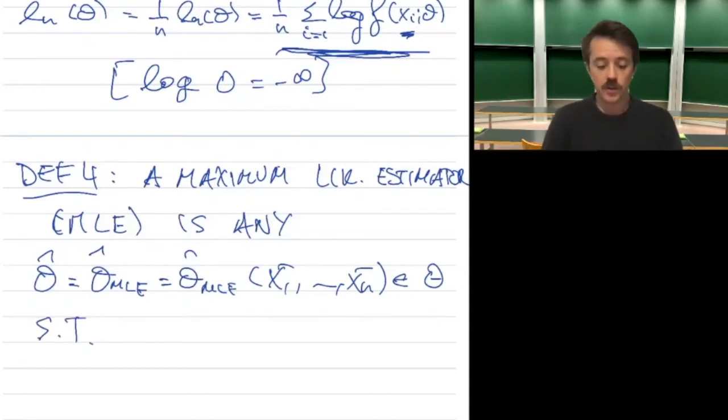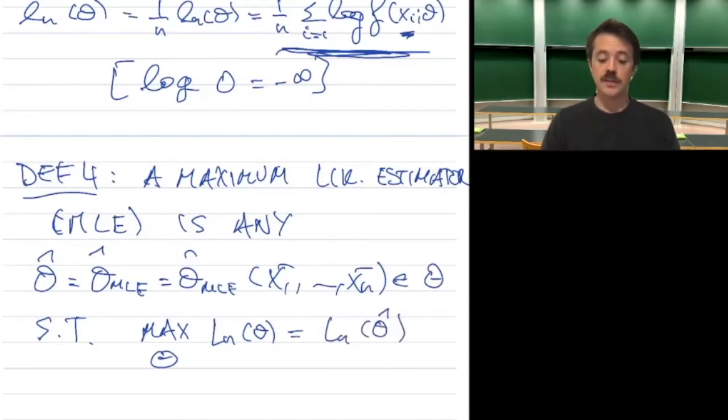And what we want is that this is such that it maximizes the log likelihood, right? So it's such that the maximum over the parameter space of the ln at theta, where theta is running over the parameter space, equals the value at the estimator.